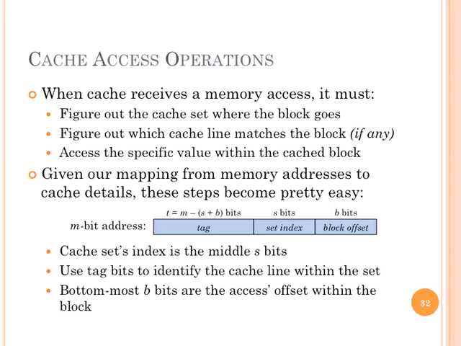Okay, I already talked about the set index. I just used that to figure out what set to look in. The tag bits identify the line within the set. And you can imagine how to do this all with logic. We're going to be doing it with a program on assignment 5. But you can imagine that the set index could be fed into a decoder that would activate the appropriate cache set and deactivate everybody else.